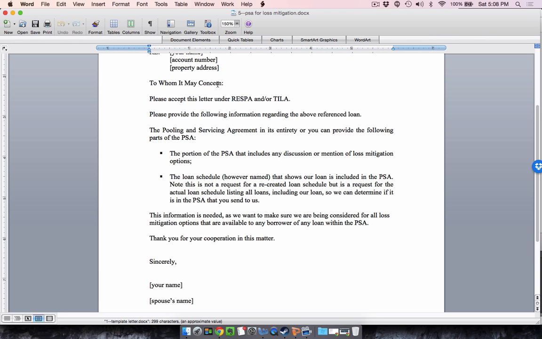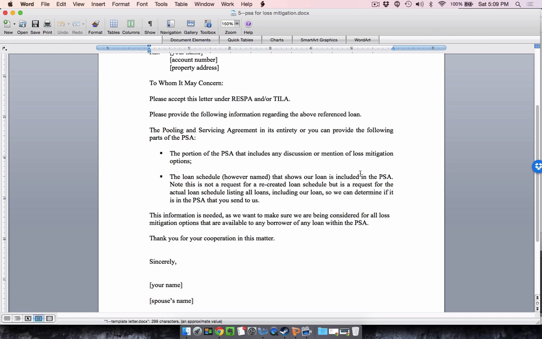You're saying, give me that document, or at least the portion of it that talks about loss mitigation, and then I want the loan schedule that shows our loan is in that. Hopefully this makes sense. You're saying, show me whatever document actually covers my loan. Don't send me the agreement for some other trust that my loan's not a part of. I want to know what document controls my loan.